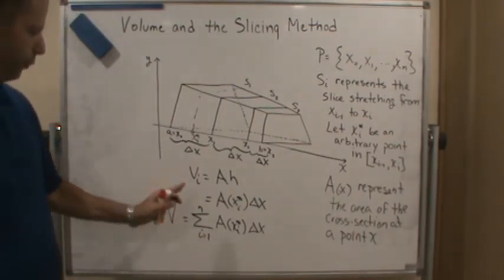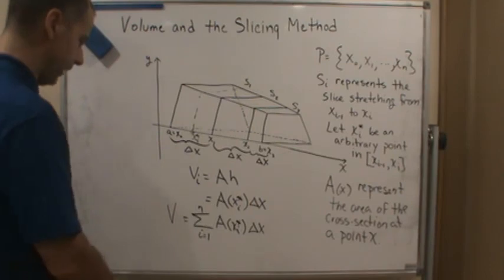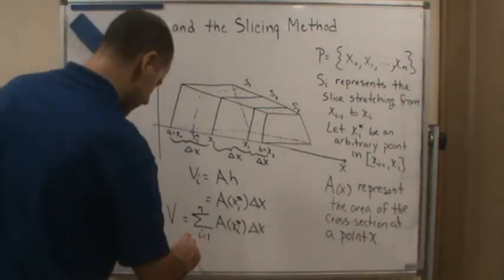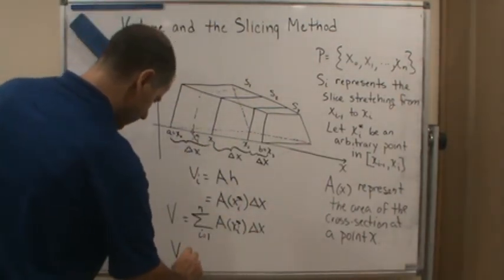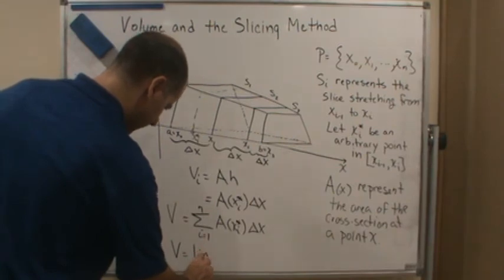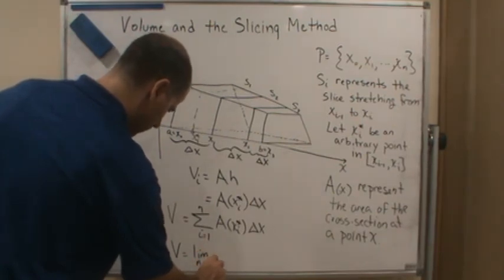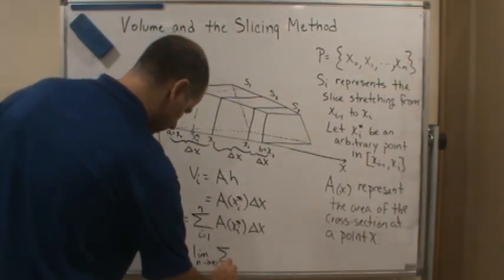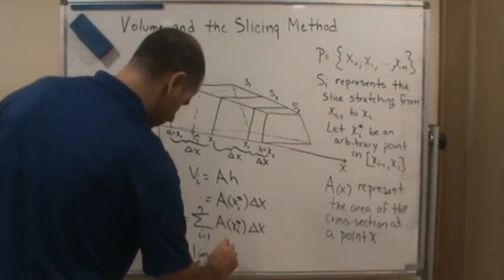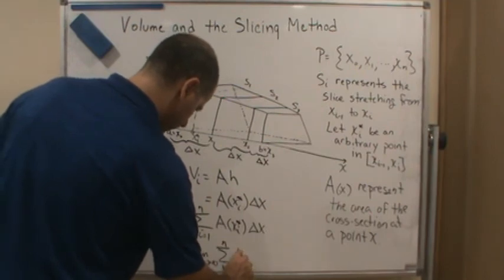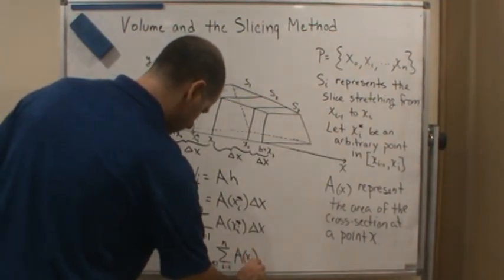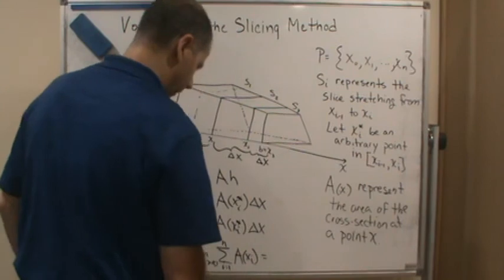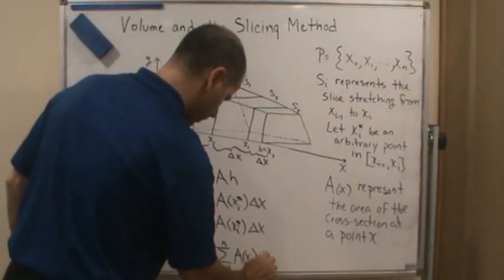Of course, if we take the limit of this thing, the limit as n approaches infinity of the sum of these slices, that's where the integral comes in.